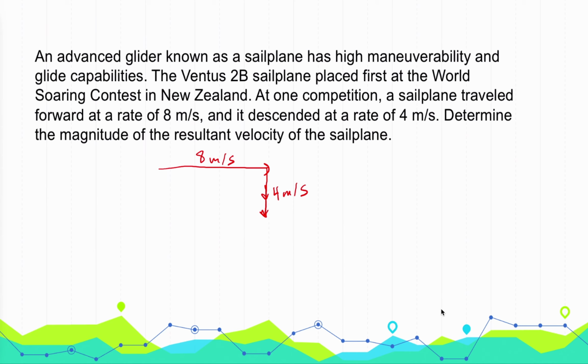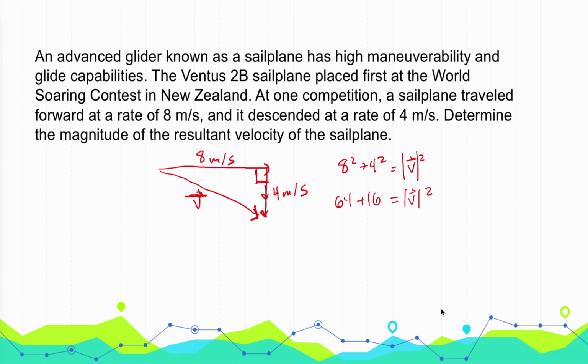So using our triangle method, this is going to be the vector. We'll call it v. What is the magnitude of this vector? Well, this makes a right triangle, which means we can use the Pythagorean theorem. So, 8 squared is 64, 4 squared is 16.